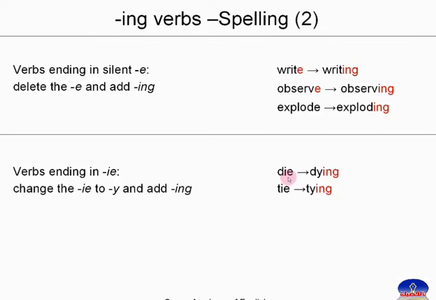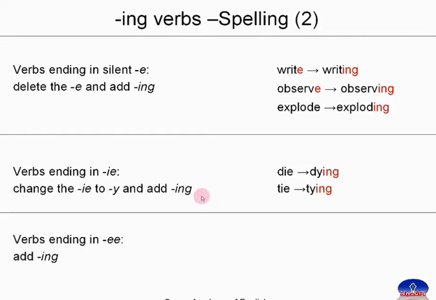So we can see here, this is the IE, we remove the IE, we change it to a Y, and then we add ing. Verbs ending in EE, this is easy again, we just add the letters ing. So see becomes seeing and free becomes freeing.